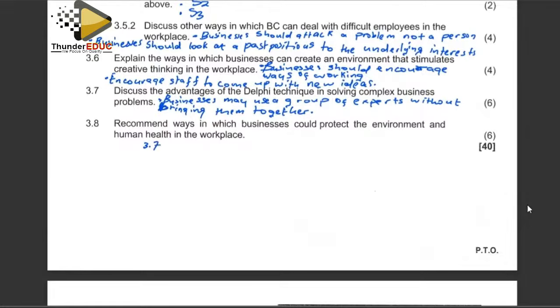And also, we are saying that information received from experts can be used to solve complex business problems.